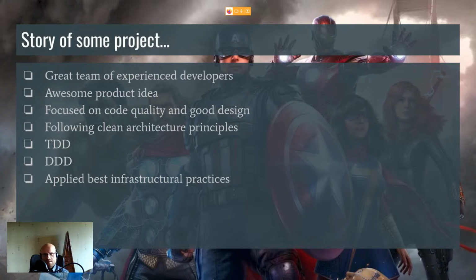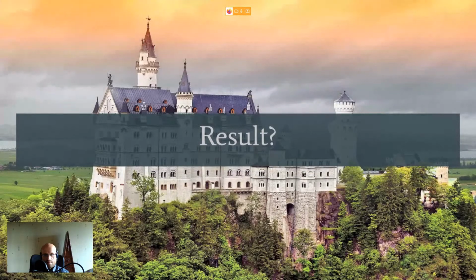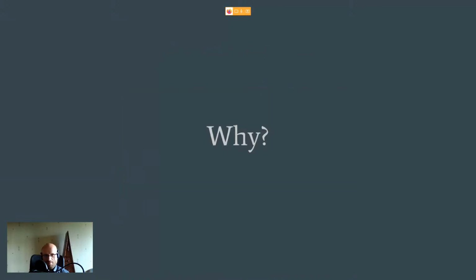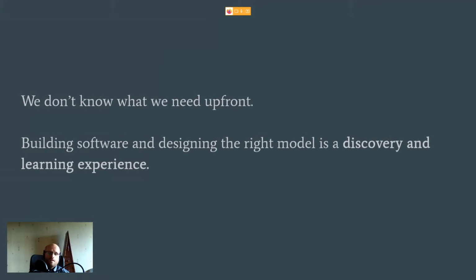So it seemed that this team was destined to succeed, right? So what was the result? Unfortunately, a total failure. So why did it go this way? One of the reasons is that we don't know what we need upfront.